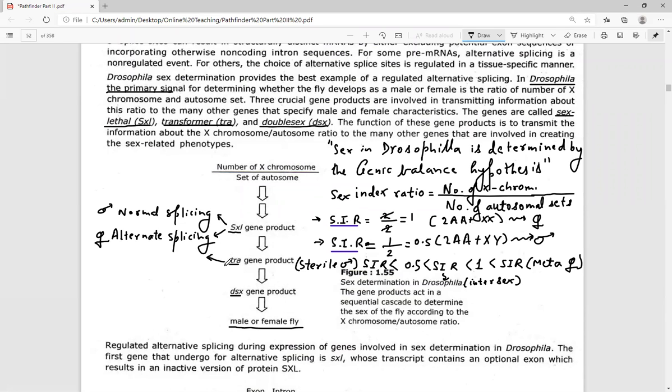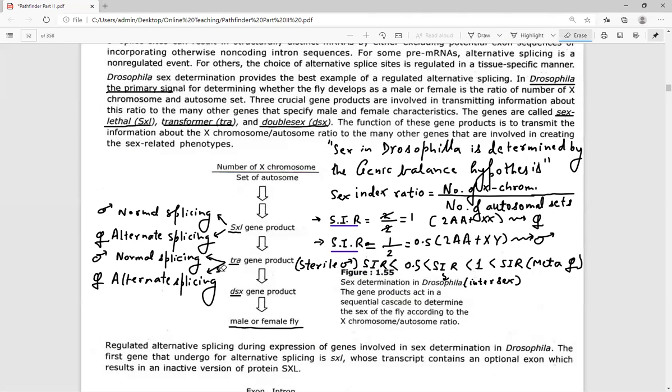Normal splicing would be male, alternate splicing will be female, and this alternate splicing will be mediated by the Sxl protein.